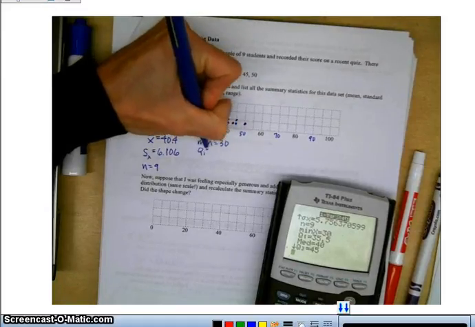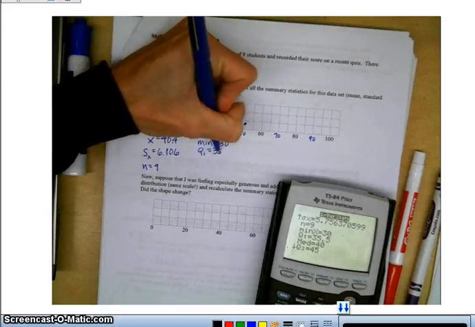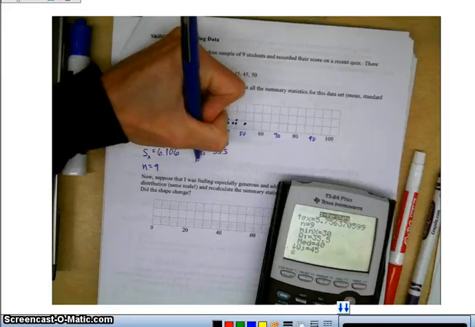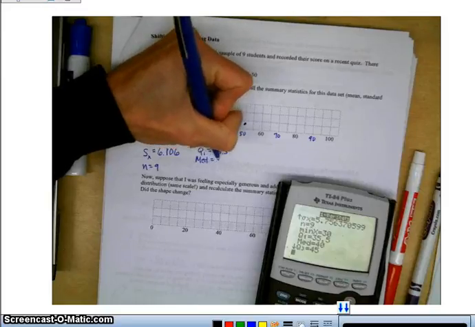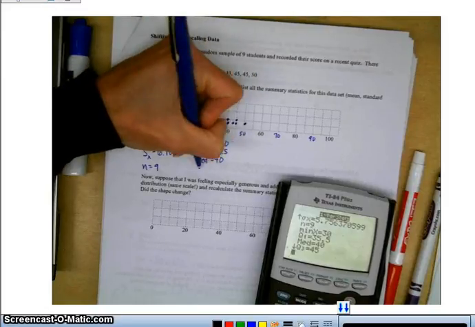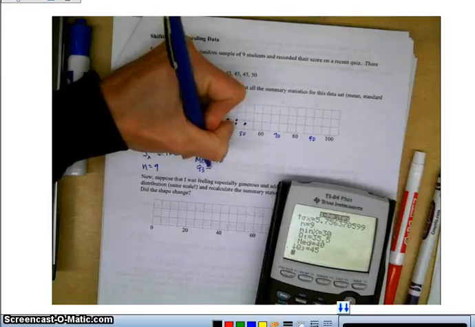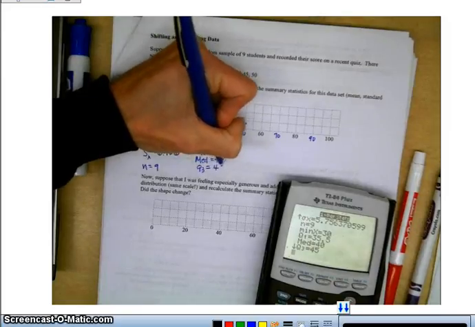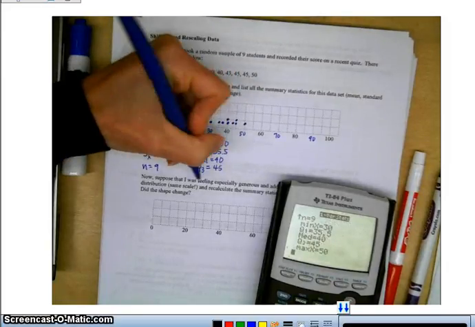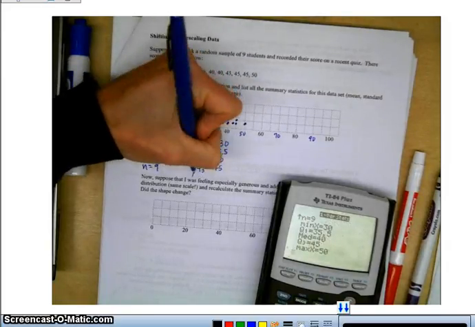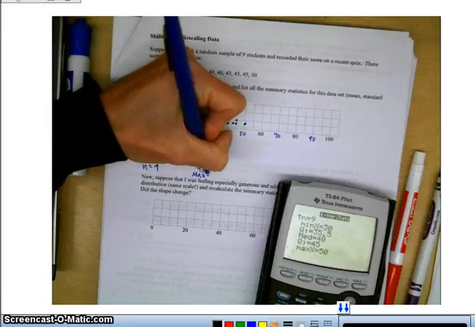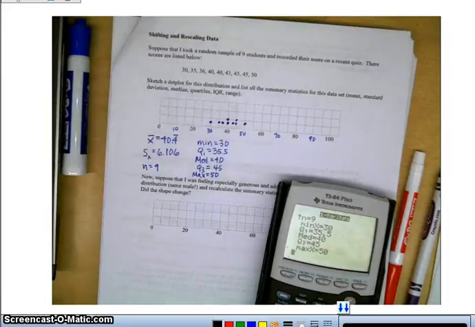Q1, my 5-number summary is right here, is 35.5. My median is 40. If everyone's consistent and just uses the calculator, it saves everybody time. The calculator does calculate the quartiles a little bit differently than we might. So if we're all just consistent and use the values from our calculator.